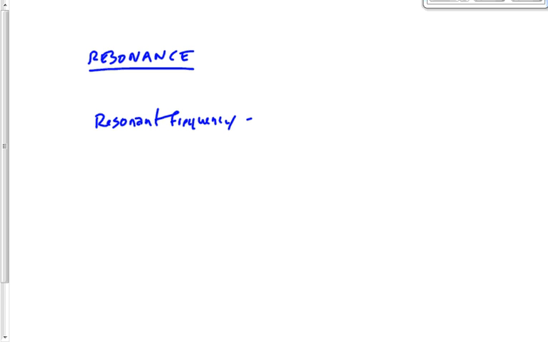If you hit the desk, the desk vibrates at its natural or resonant frequency. If you push a swing set and then let it go, it vibrates back and forth at its natural or resonant frequency. If you play the bass in your speakers in your house and the walls start vibrating, the walls are vibrating at their natural or resonant frequency. Everything has a natural frequency at which it wants to vibrate.